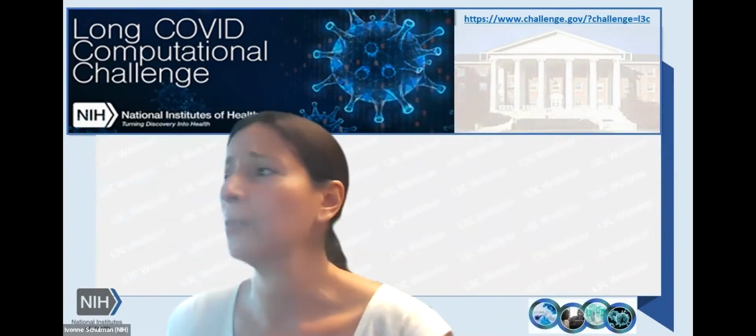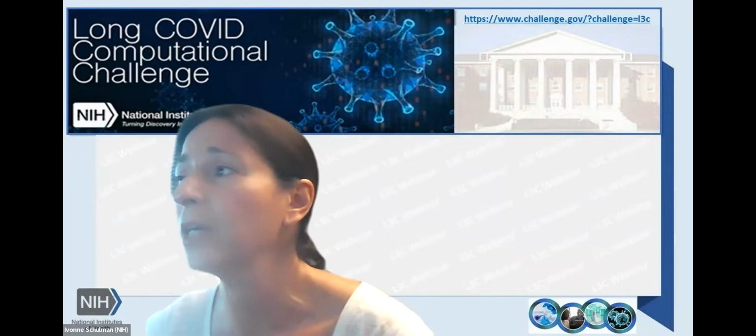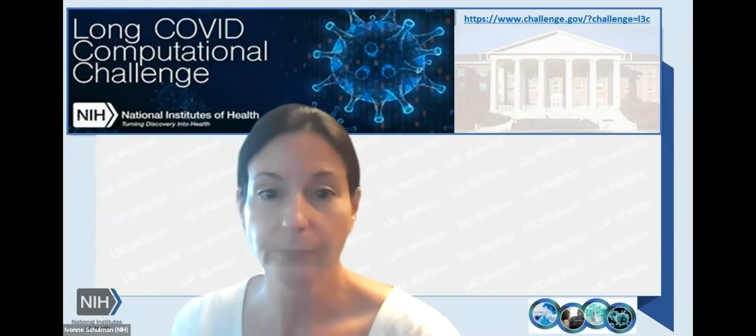So a question on eligibility. Do you have to be associated with an institution? Yes. If you're a citizen scientist, in order to get the DUA signed so that you can get access to the de-identified data, you do have to be working through an institution.